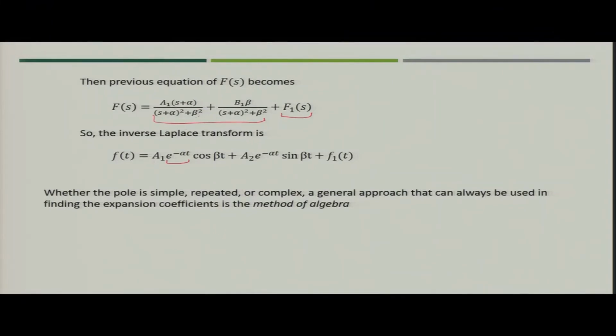So, you can simply write the inverse Laplace transform of this as a1 into e to the power minus alpha t, because here you have s plus alpha. You will use the frequency shift property and say that it is e to the power minus alpha t into the function f(t), which is cos beta t here.